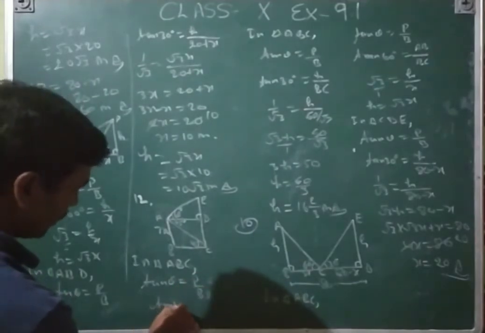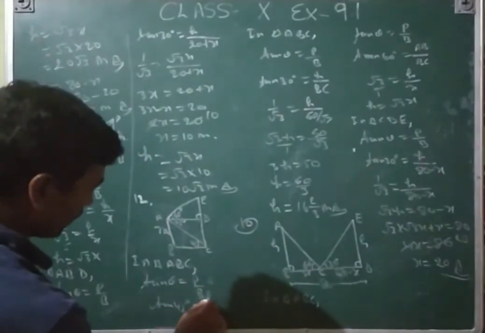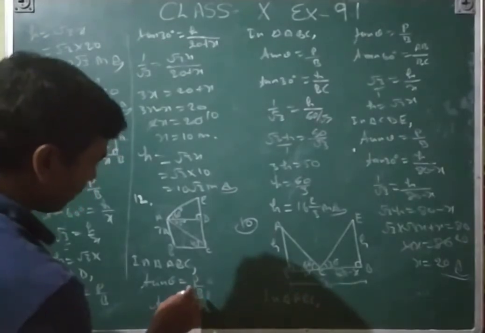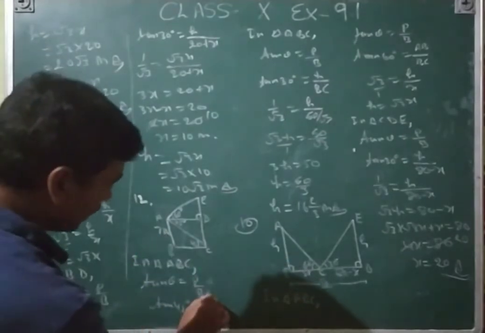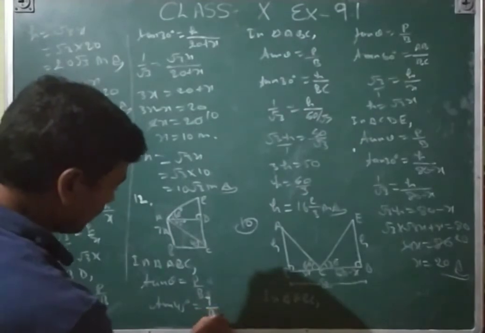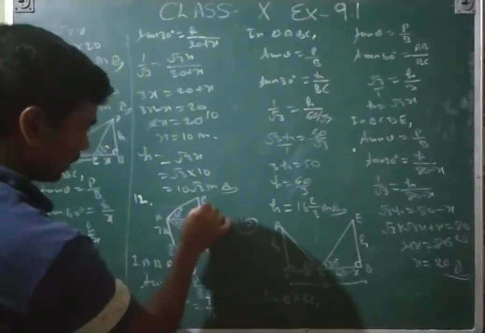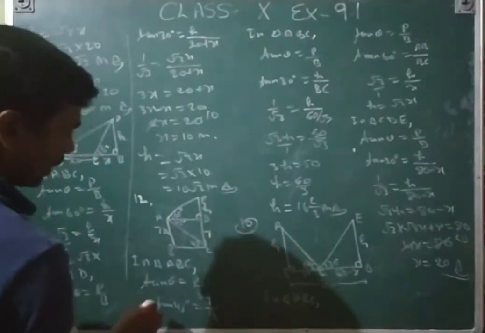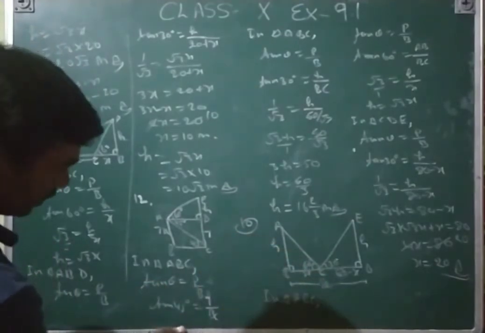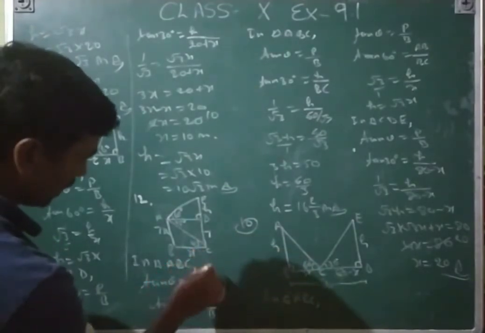So tan 45 is equal to perpendicular, that is 7, and the base is BC, which we can write as x.